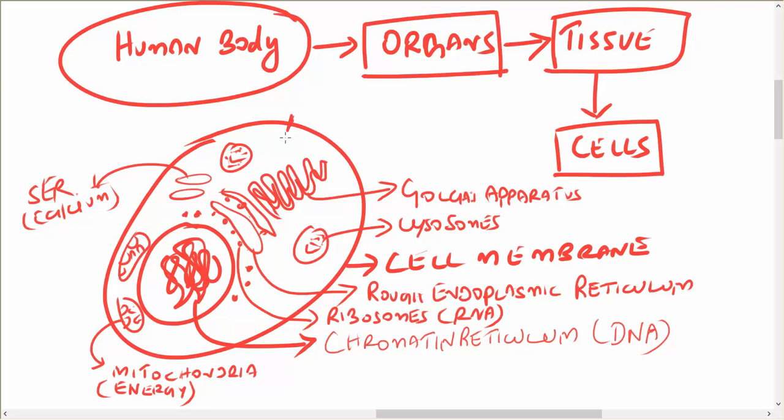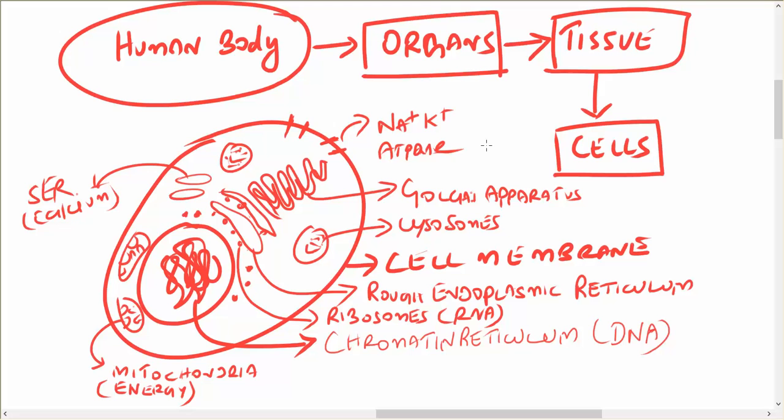In the cell membrane we have a lot of channels. One of the channels is called the sodium potassium ATPase channel. Okay, so these are the important organelles present in the cell, and each organelle has a specific function.